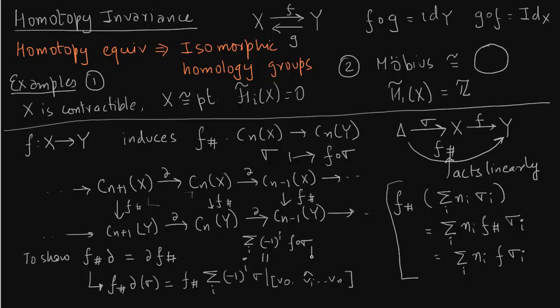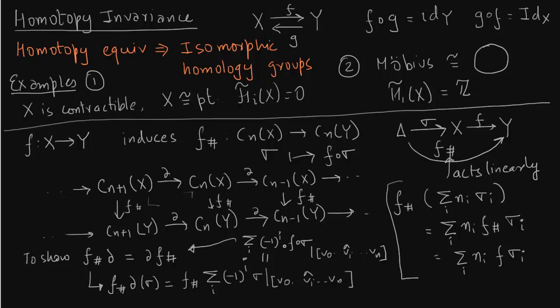Now this obviously looks precisely like the boundary of f hash, because f naught sigma inside is nothing but f hash, and minus 1 raised to the power i sigma_i is nothing but the boundary of f hash. Yeah, that is pretty clear.